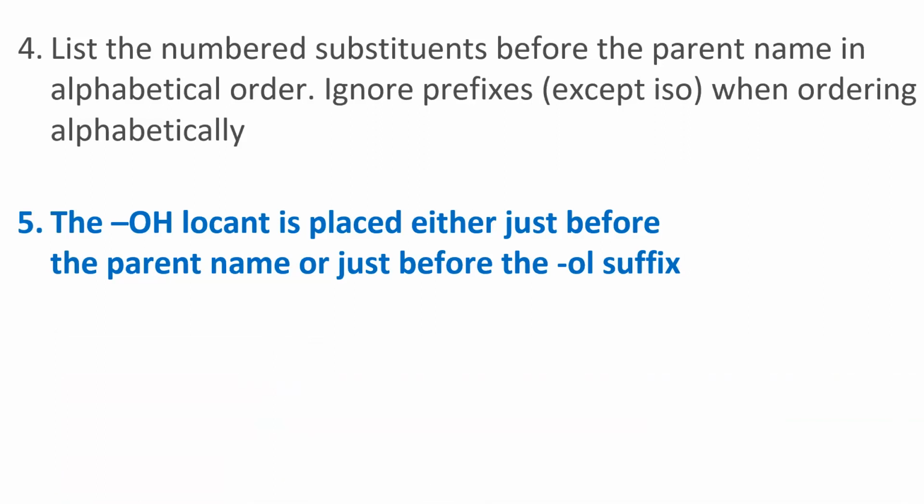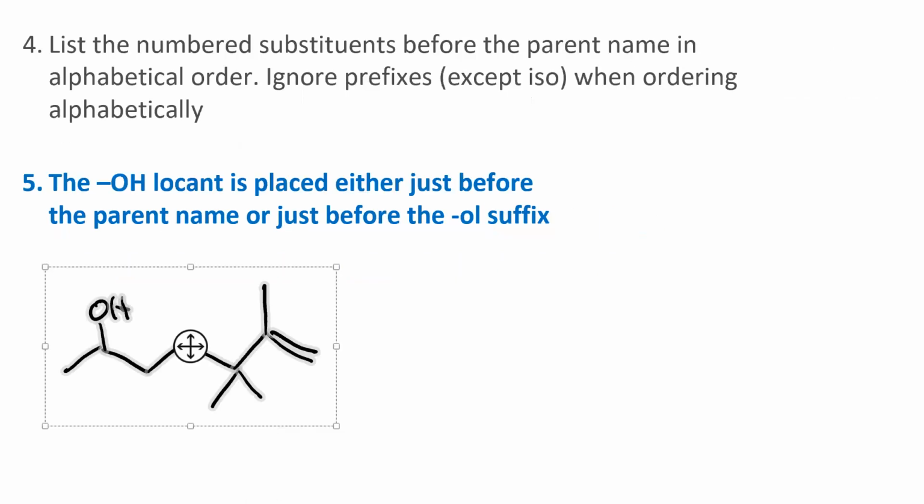Also, you can put the locant for the hydroxyl before the parent name or just before the OL suffix. So for this molecule here, we number left to right. So the parent is hept-1-ene 2-ol.